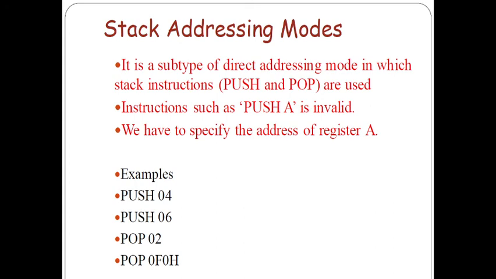So push 04 means push the contents of R4 onto the stack. Push 06, push the contents of R6. We can specify R6 and R4 like this also: 00 means R0, 01 means R1, like that. So the contents of R6 can be pushed onto the top of the stack.